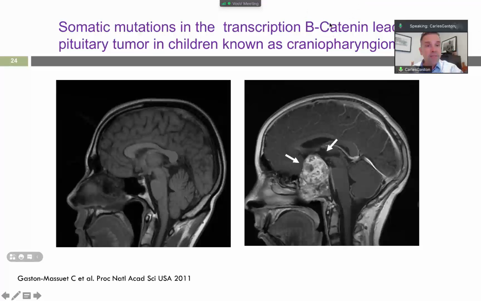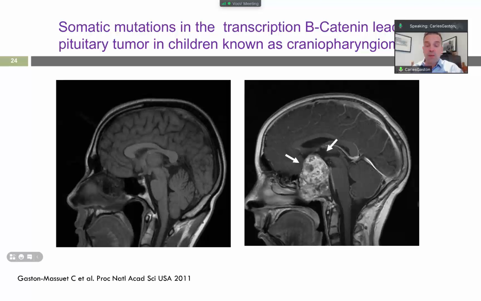And mutations in beta-catenin, we have shown in my laboratory, produce pituitary tumors. You can see here on the right an MRI with the brain, the cortex, corpus callosum, and a big tumoral mass where the pituitary gland should be, compared to a healthy individual that has just one bright spot where the pituitary is.